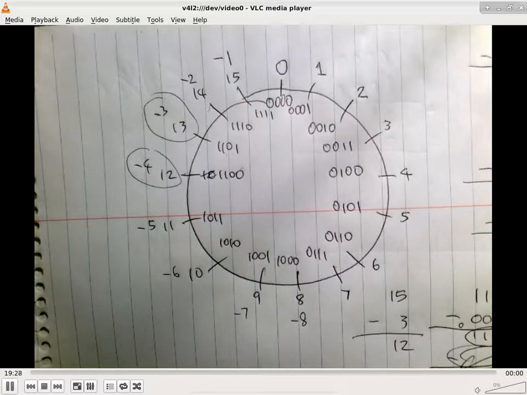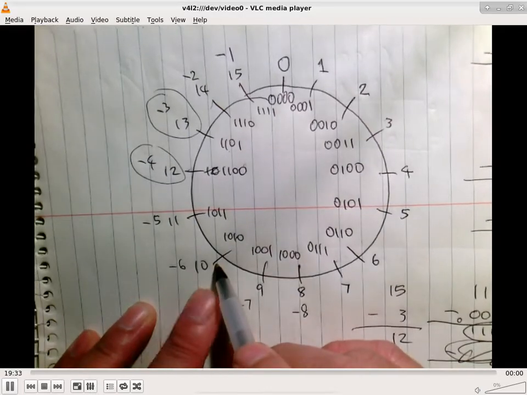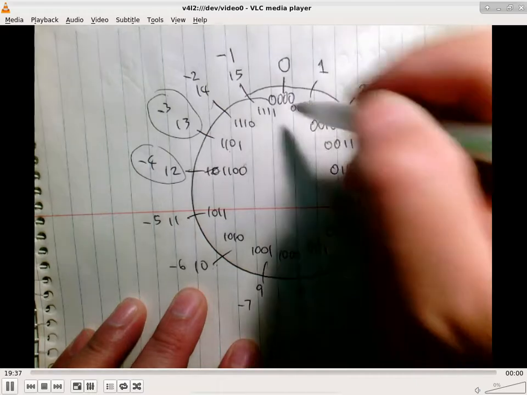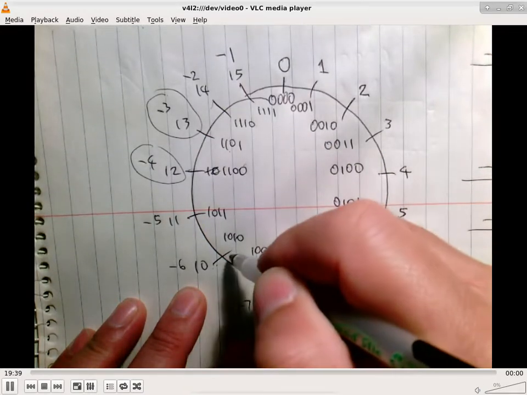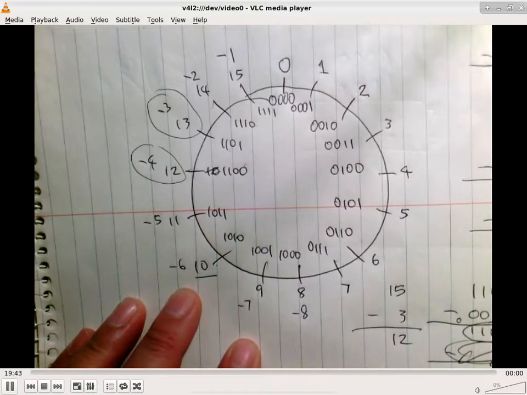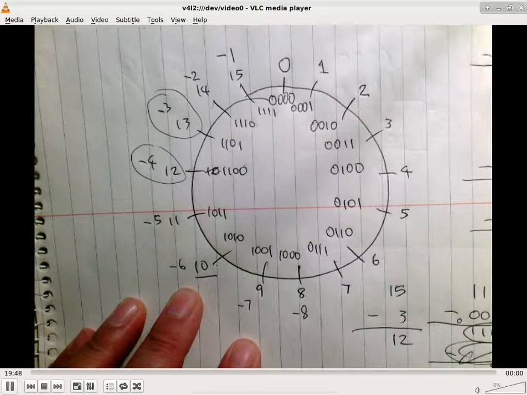It makes perfect sense, because let's just pick one, in this case 10 versus -6. How do we know this is 10? Because we count clockwise 10 times. That's how we get to the value of 10, which is the unsigned representation of this bit pattern. How do we get to -6?